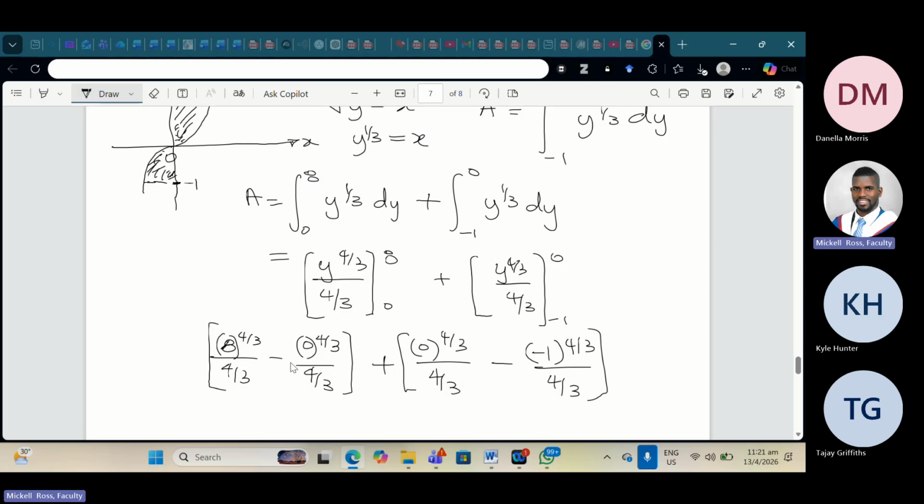This is the area of the top part and the area of the bottom part. Once you add them together, you'll get the total area.